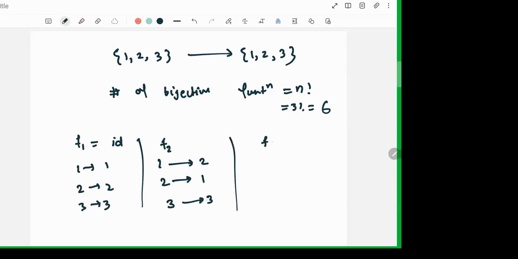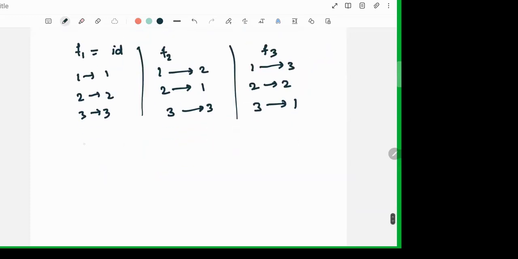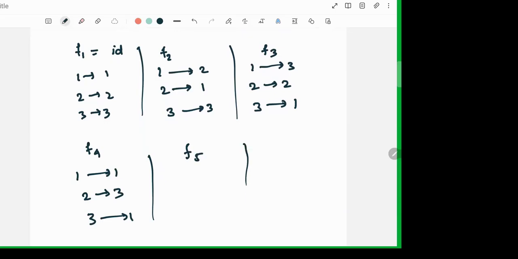What is f3? f3 takes 1 to 3, 2 to 2, 3 to 1. f4 takes 1 to 1, 2 to 3, 3 to 2. f5 takes 1 to 2, 2 to 3, 3 to 1.